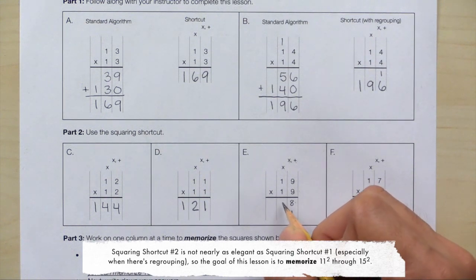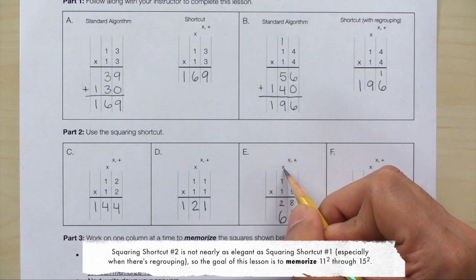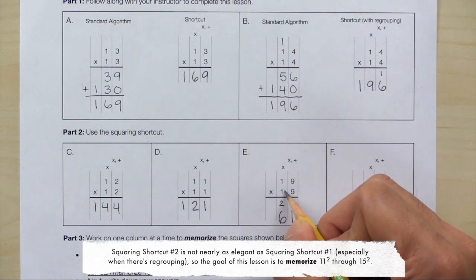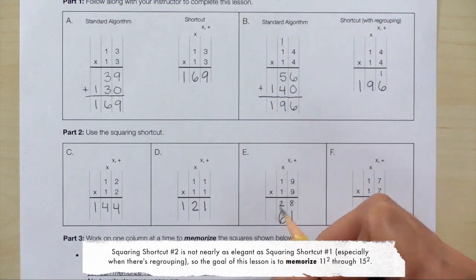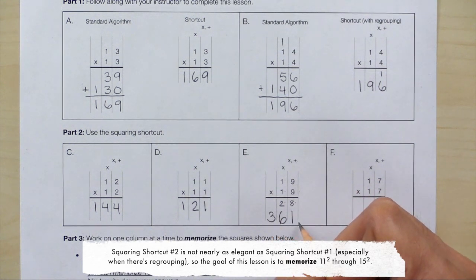Write it like this. 26. Finally, let's multiply the tens place value. 1 times 1 equals 1, plus 2 more equals 3. Final answer, 361.